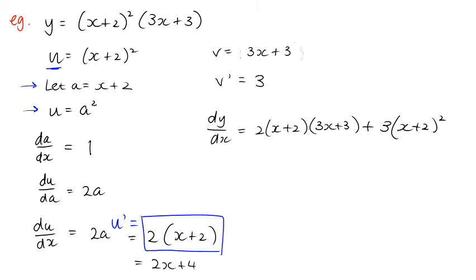So that was u times v plus v times u. Then you just expand out.